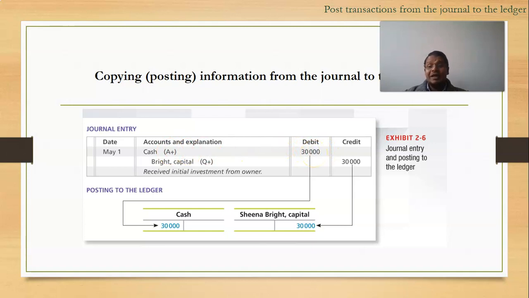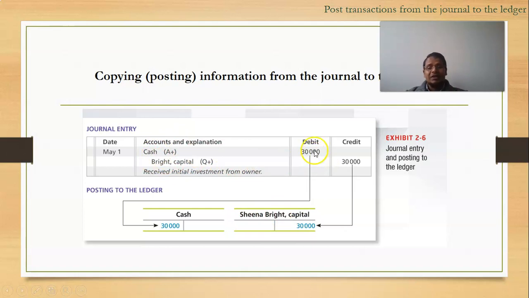This is the journal entry. How should we post it to the ledger account? The cash account is debited, so it should go to the cash account, and the capital account, the owner's equity account, should go to the owner's equity account.